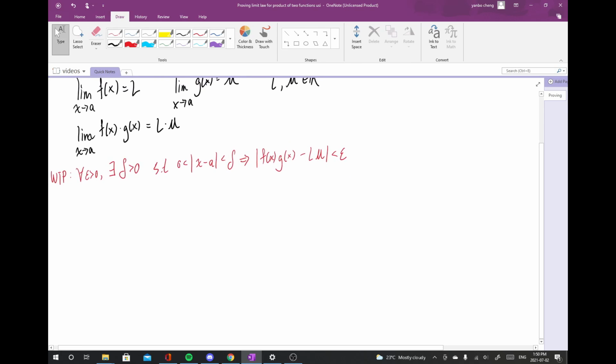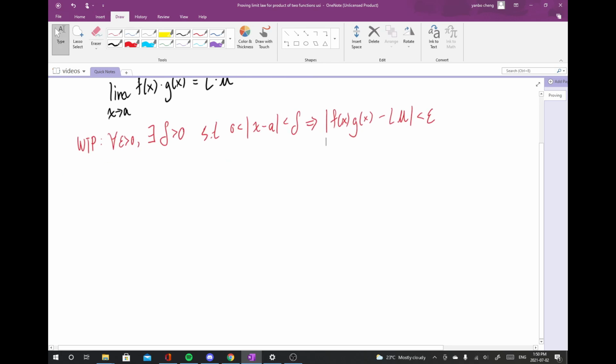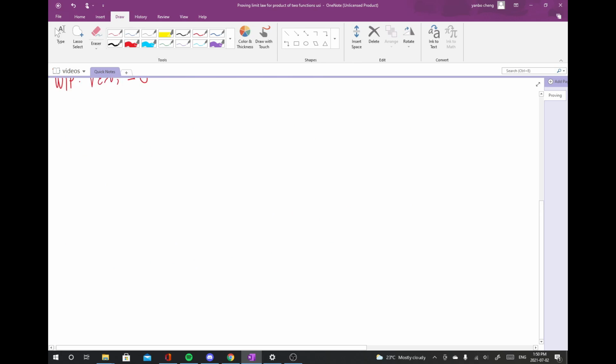So now that we have this statement, let's try to fool around with it, see what we can get from this part. So let me rewrite this part: f of x times g of x minus L times m.